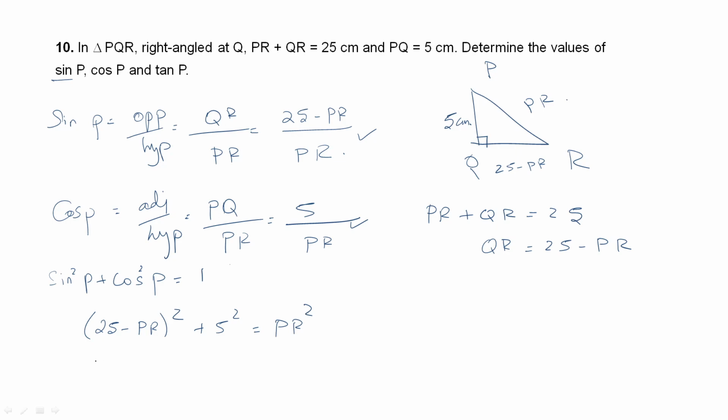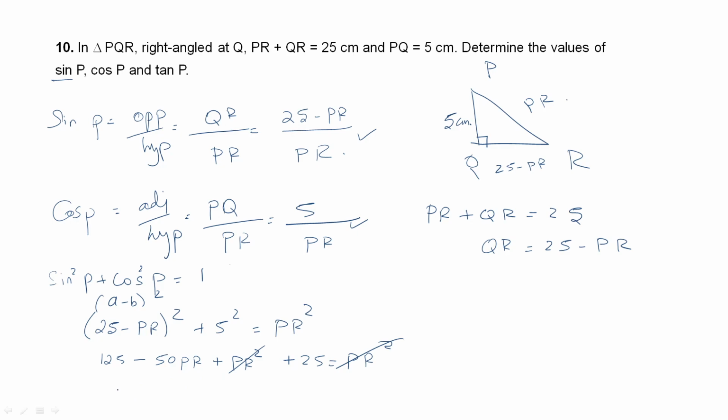Okay. So now expand this and find out the value of PR. You can use the formula A minus B whole square: A square minus 2AB plus B square, plus 25 equal to PR square.